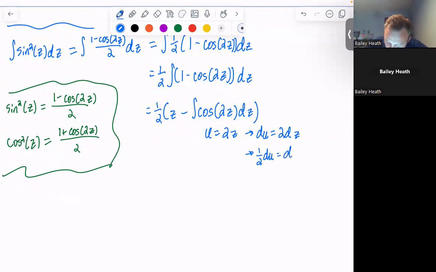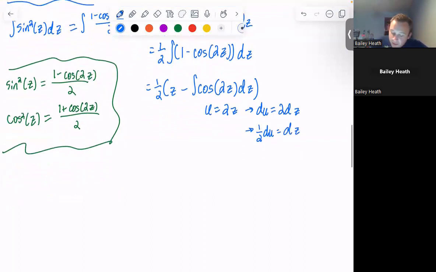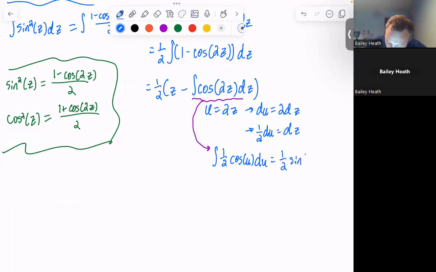So in particular, I'm just going to focus on this integral here. This integral becomes the integral of 1/2 cos u du, which is the same as 1/2 sine, and now I'm going to go ahead and undo our substitution here. Our u was equal to 2z.